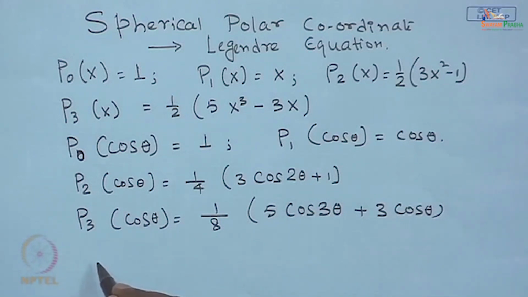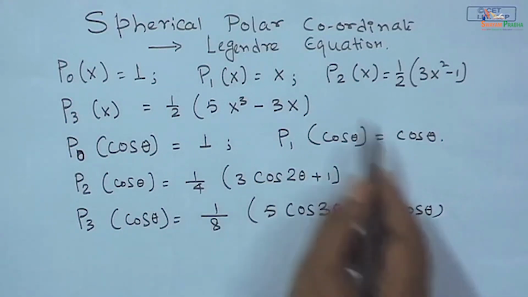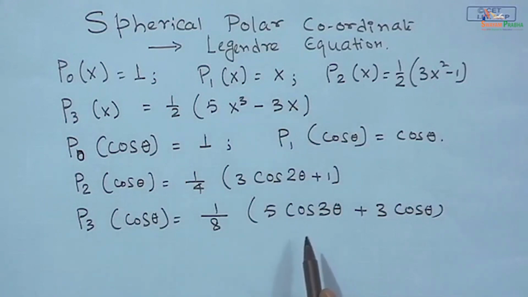So, in spherical polar coordinates you will get the Legendre equation as your governing equation, and the solution will be constituted by Legendre function and Legendre polynomial. We have discussed some of the properties of Legendre polynomial. For the Legendre function, the major property is that it goes unbounded at the two boundaries x equal to plus minus 1.